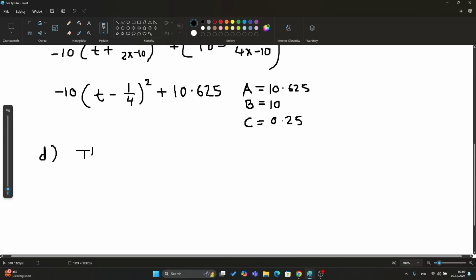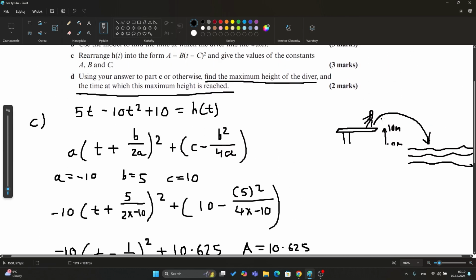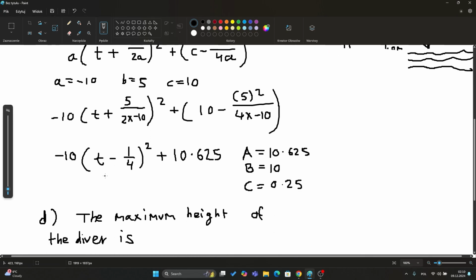So the maximum height of the diver is, so basically this is when we have the maximum height reached, so this is the turning point, and we can work out the turning point by looking at our completing the square equation.